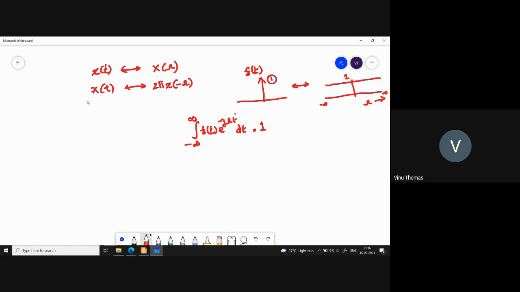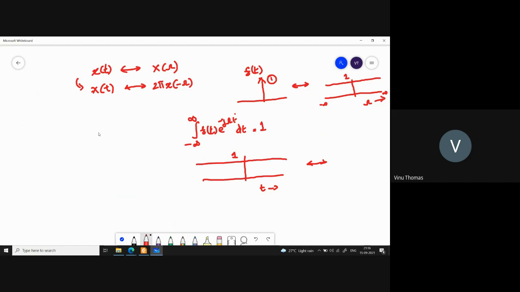Now let us look at the dual of this relationship. The dual states that if you have capital X of t, which would be this time function 1, and this is t, this is capital X of t, then it is Fourier transformable to 2 pi into x of minus omega.